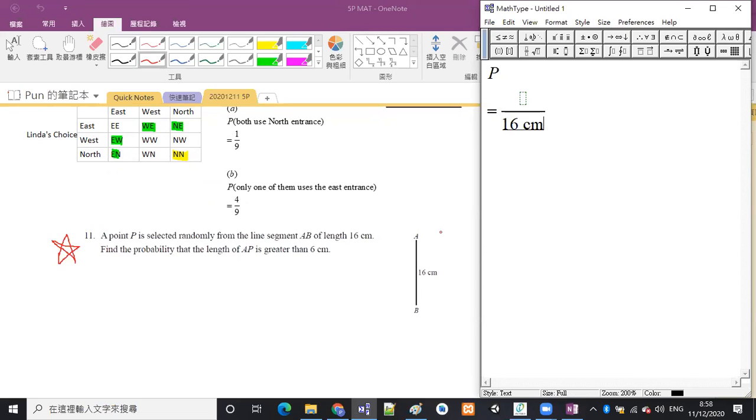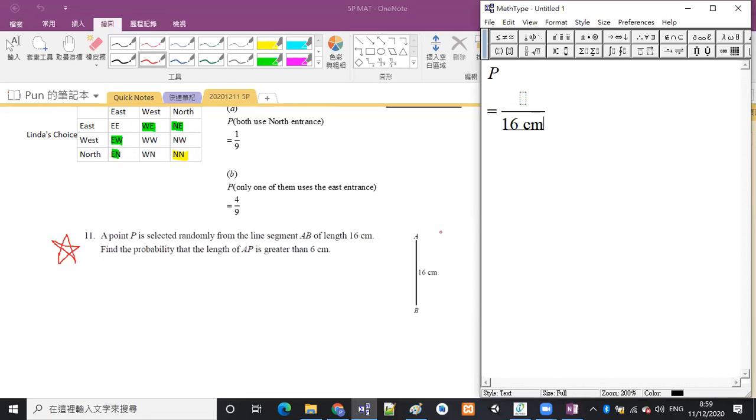OK，我哋今次唔能夠數到，即係唔能夠一個一個咁樣數到有幾多個選擇。但係我哋嘅選擇範圍，係有16 cm 咁長。OK，我哋今次係諗個範圍。如果我哋數唔到嘅時候，就諗個範圍。OK, so the range of selection will be 16 cm. We can choose any point from this 16 cm.